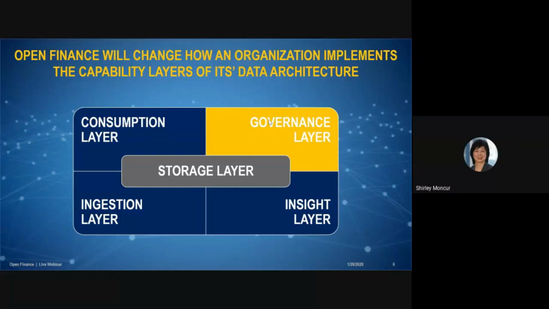Establish data access rights management, which is something that Dominic has already mentioned. It's important that now you have a way of managing who gets data when, and it needs to be something that is seamless and transparent and will be nimble to react to changes in open banking.